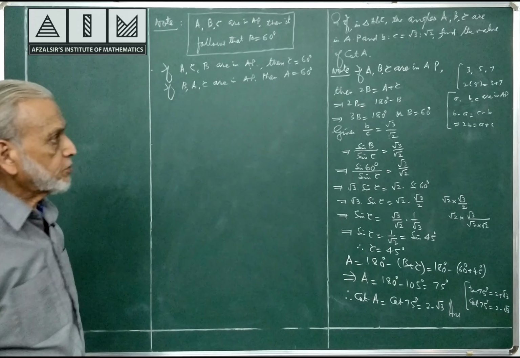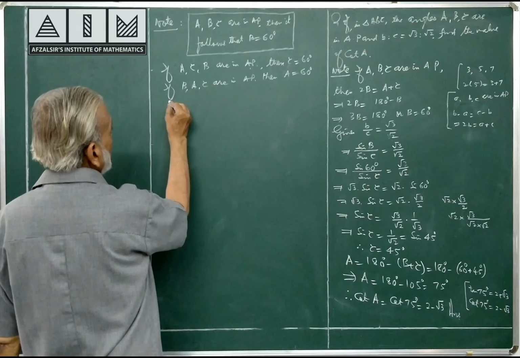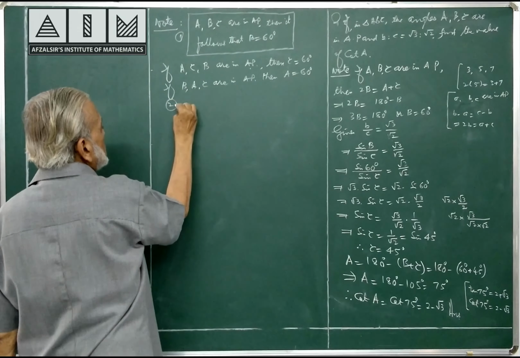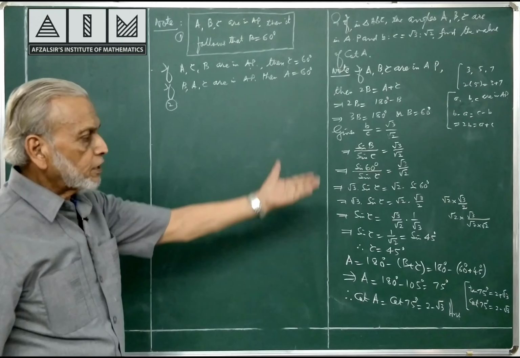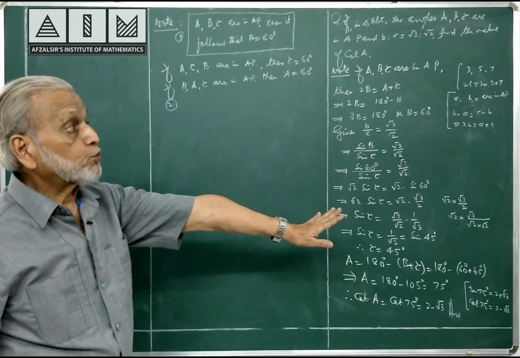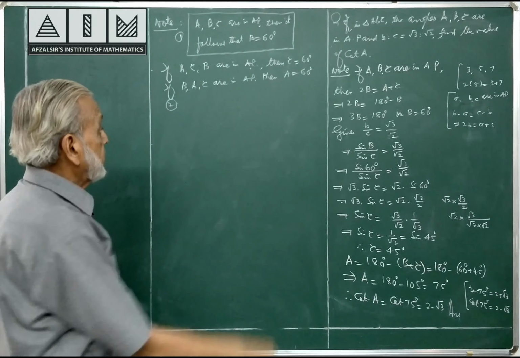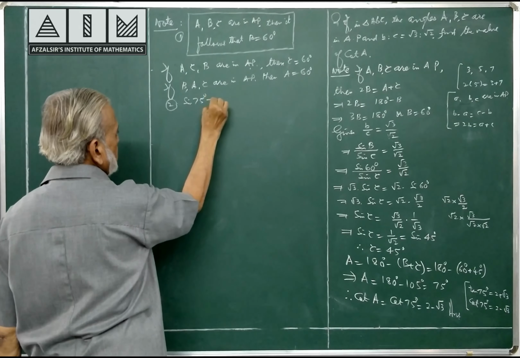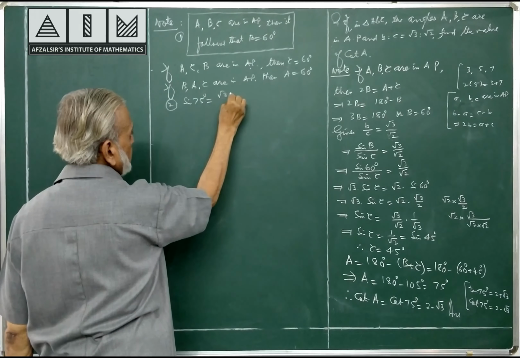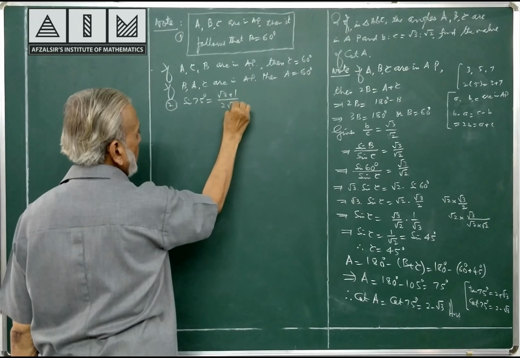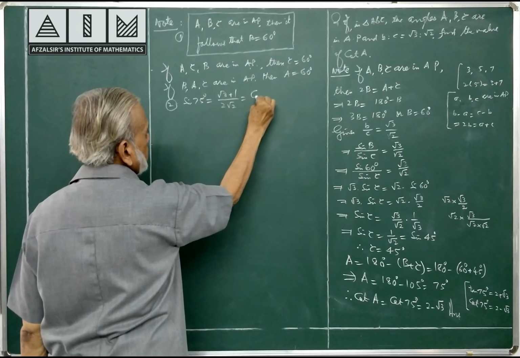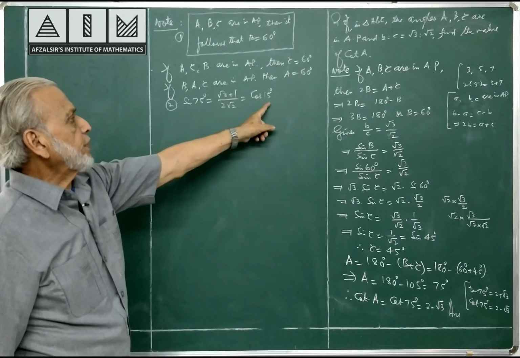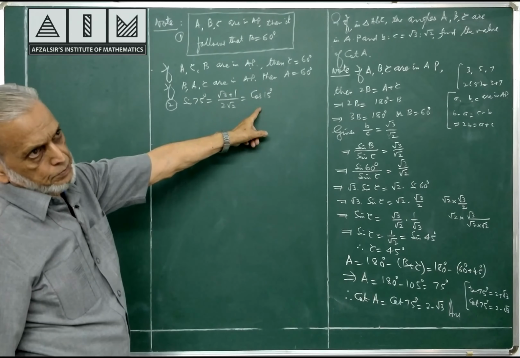Now another part, please see carefully here. Certain values you are required to remember, we can't do anything with that. Sin 75 is equal to root 3 plus 1 by 2 root 2, which is equal to cos 15 degrees. 75 plus 15 is 90 degrees.